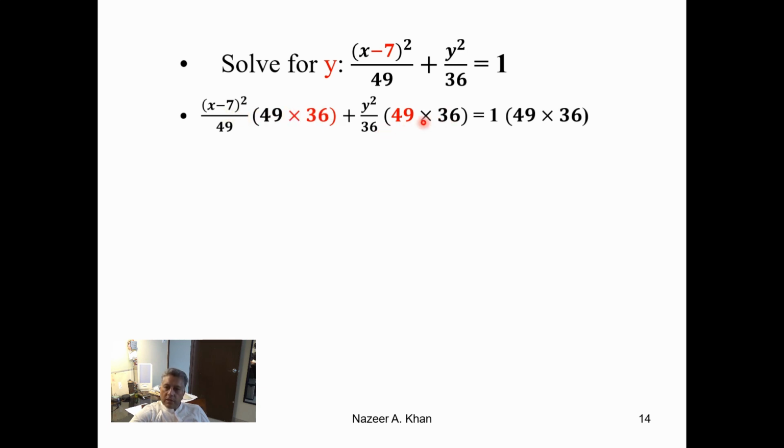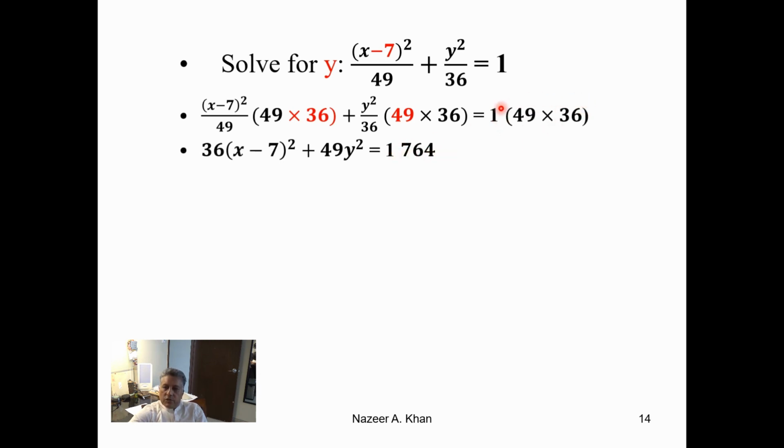In this case, the denominator and the numerator of the multiplier cancel out, and of course we have 49 times y squared. On the other side, we would have 49 times 36 times 1, and that we could simplify as this.